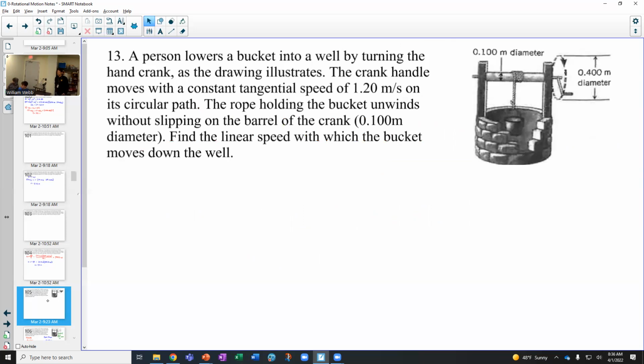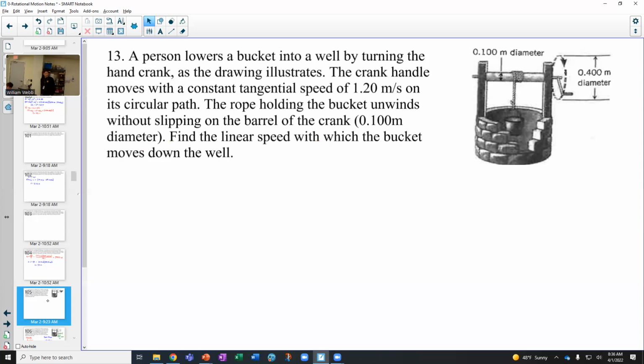So we were given the tangential velocity is 1.2, and the radius of the handle is 0.2 meters. So we use that to find that the angular velocity is 6. But then we use the radius of the other one, which is 0.05, with an angular velocity of 6 to find its tangential velocity of the spool or whatever with the rope, yeah.